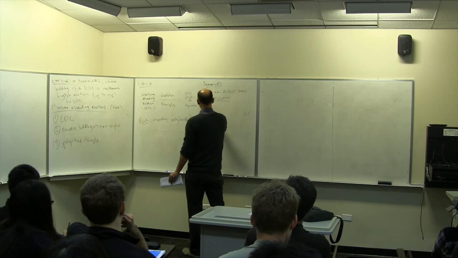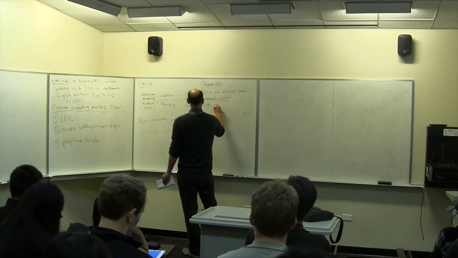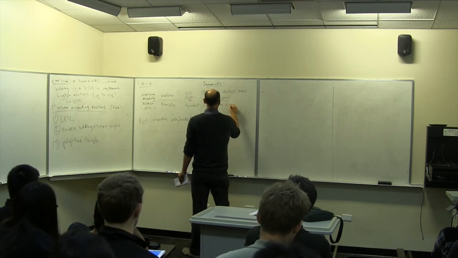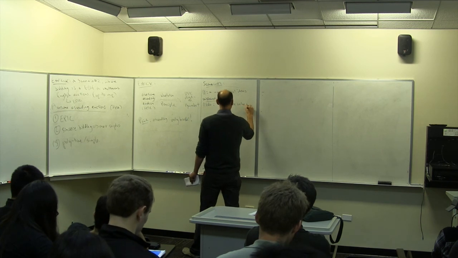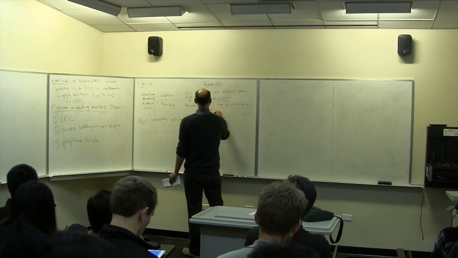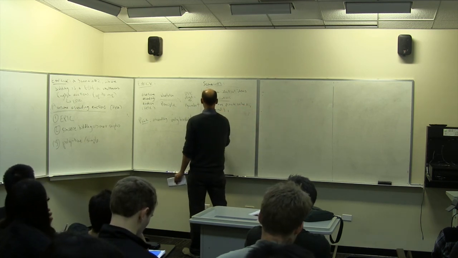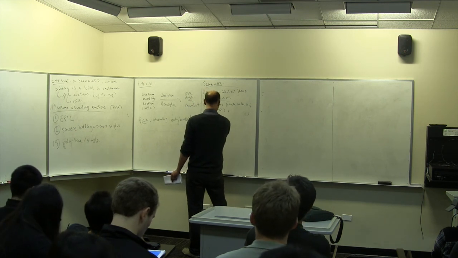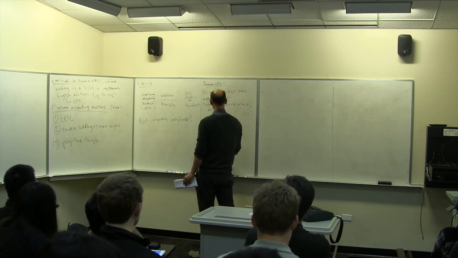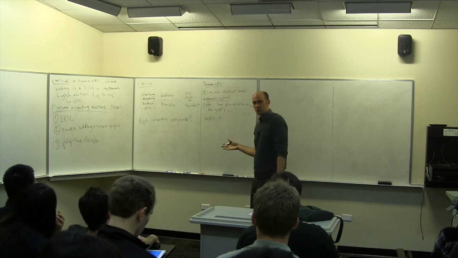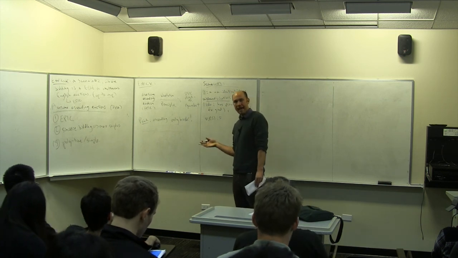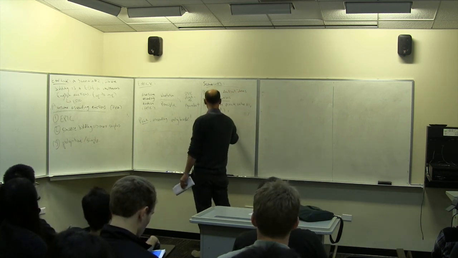By which I mean bidder i has a private value Vij for good j, and we define bidder i's value for a bundle of goods S. So in the additive case, it was the sum over the goods in the bundle. Here it's going to be the max over the goods in the bundle. Okay.